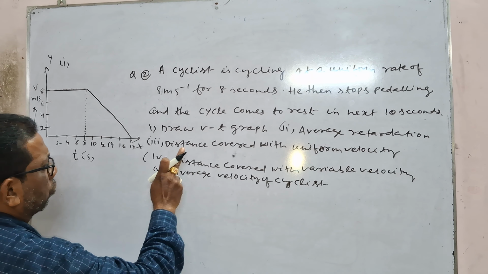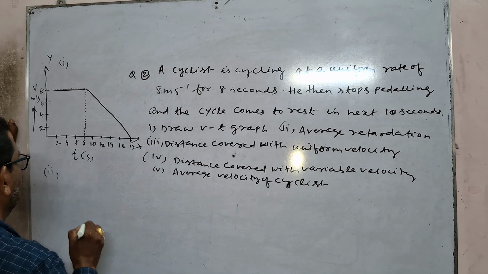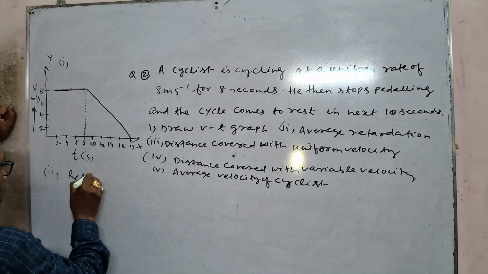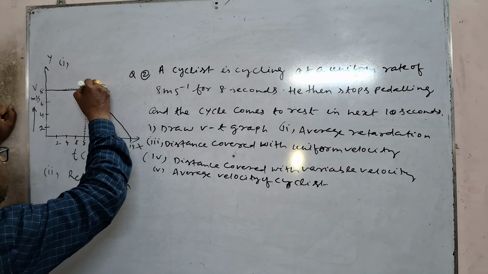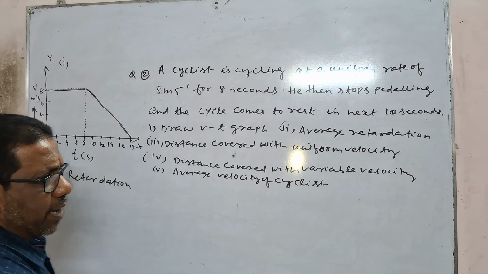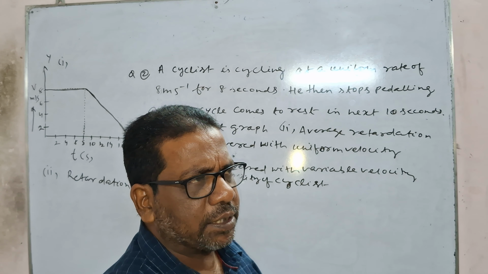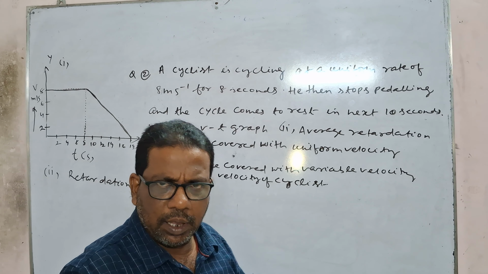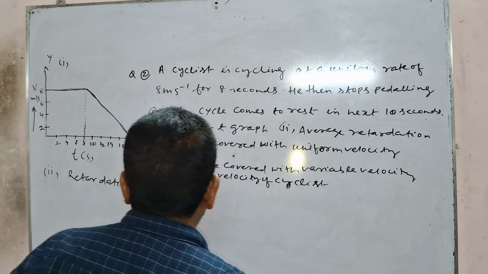Bit 2. What is average retardation? The rate of decrease in velocity is called retardation. The rate of increase in velocity is called acceleration.